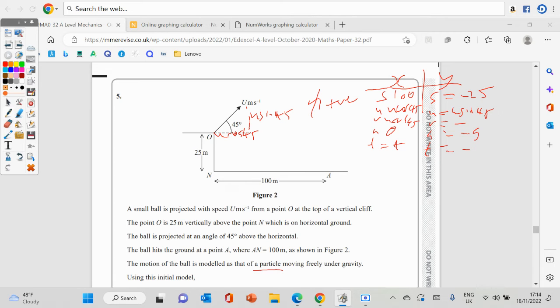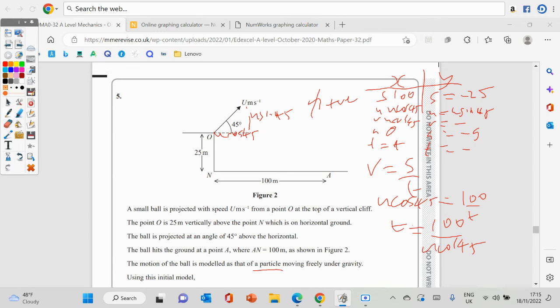Now, I know that the speed is the distance divided by the time. So u cos 45 is 100 over t, so t is 100 over u cos 45.